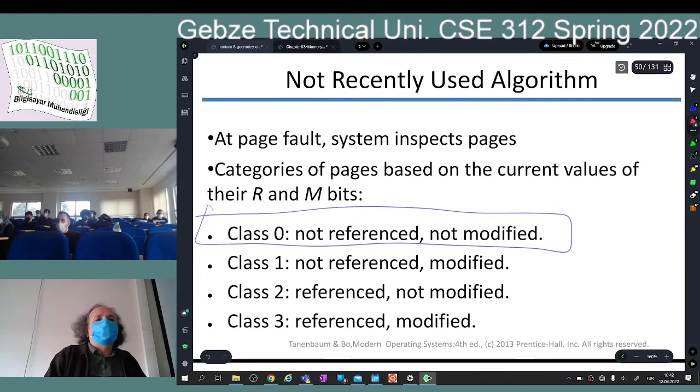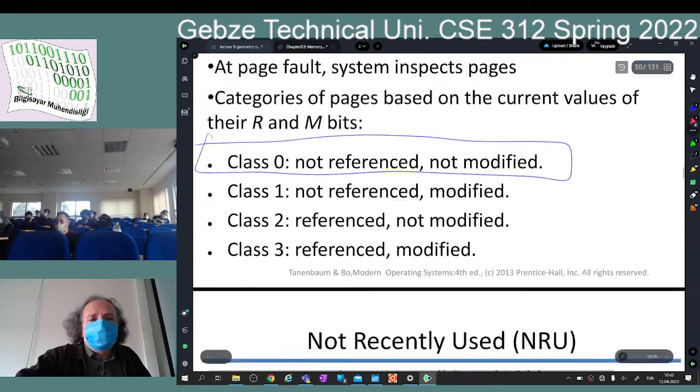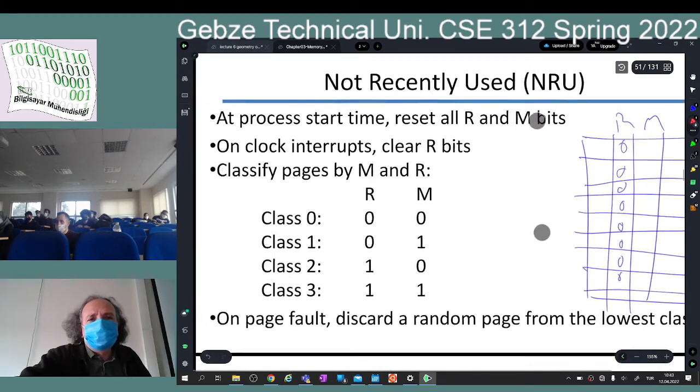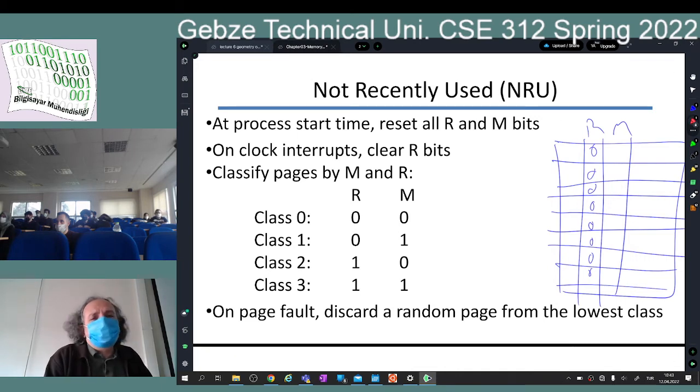Okay, let's look at the first one. Not recently used algorithm does this. At process start time, whatever I am loading, I am loading all the pages with R and M bits 0.